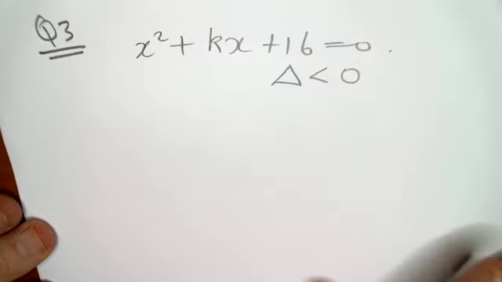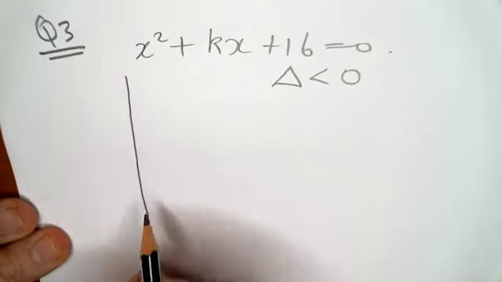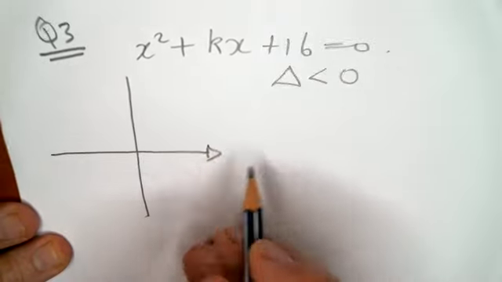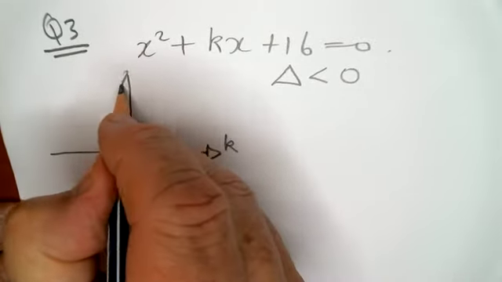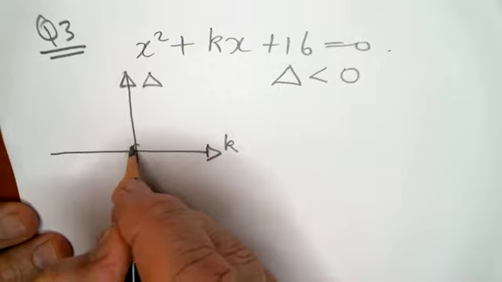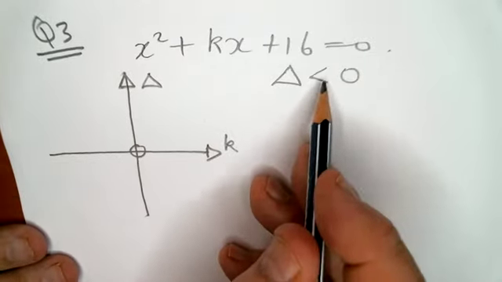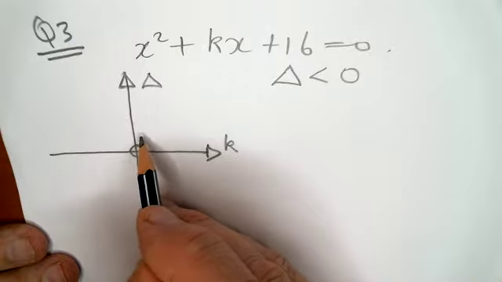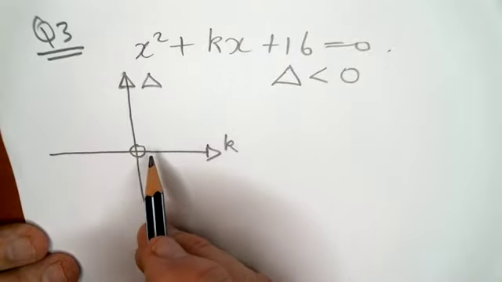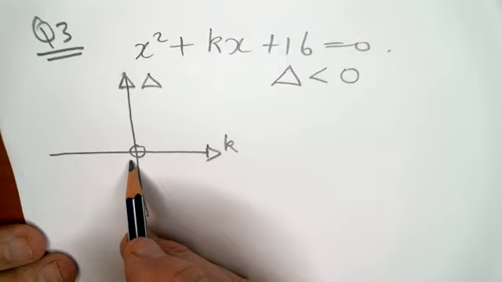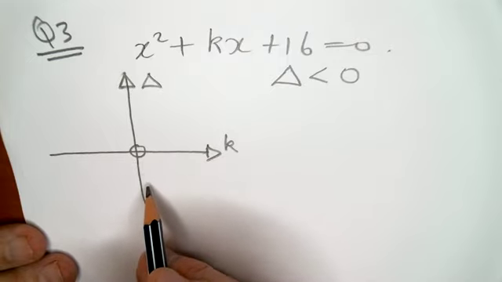So if we were going to plot this thing, we could plot the values of k along here and the values of the discriminant along here. And we know when the discriminant is greater than 0, up here the discriminant values are going to be 1, 2, 3, 4, 5. Down here, the discriminant values are going to be less than 0, -1, -2, -3, and so on.